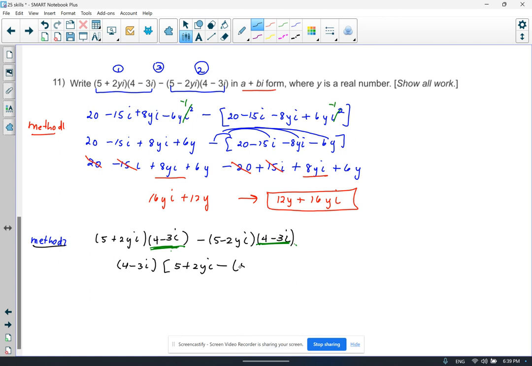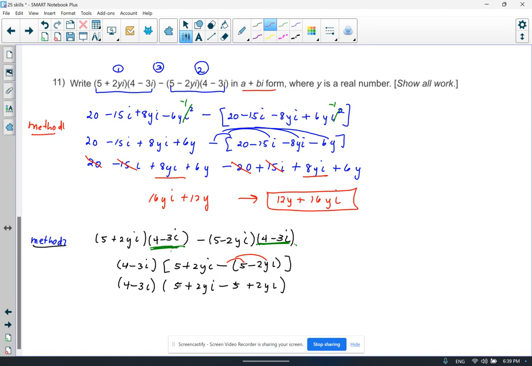Notice I put a parenthesis so I can remember to distribute that negative sign. I carry down the 4 minus 3i, and I get 5 plus 2yi, and I'm distributing that negative to that second set. So that's negative 5 minus a negative times a negative is positive 2yi.